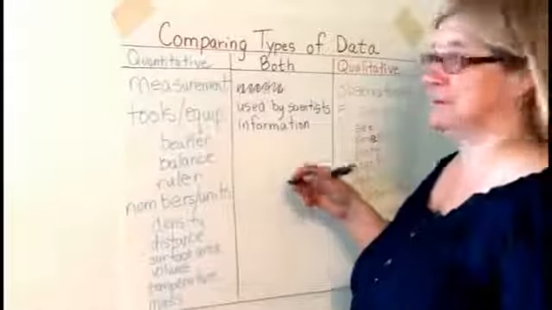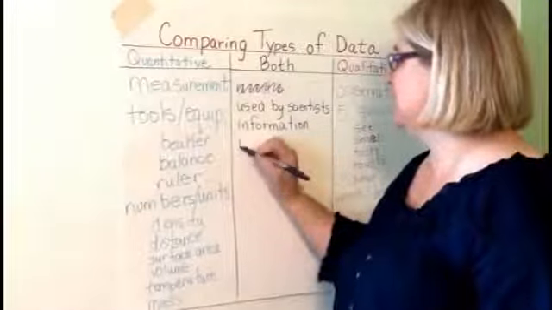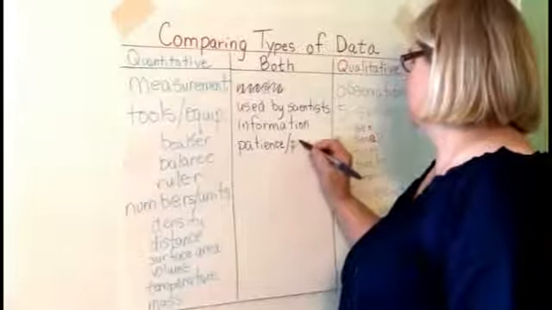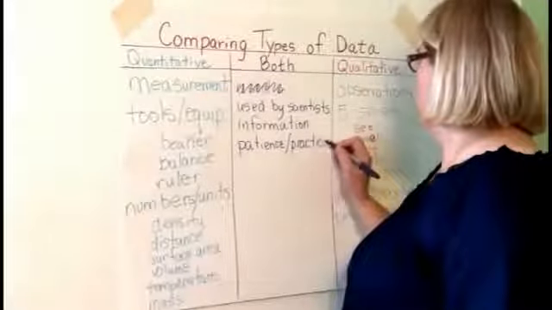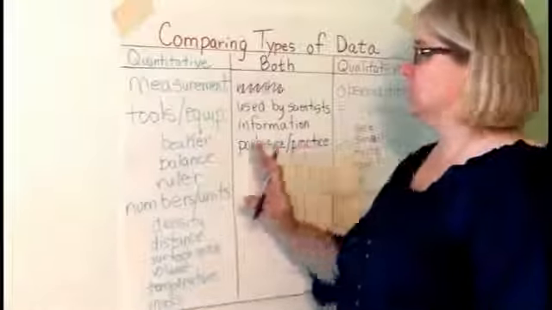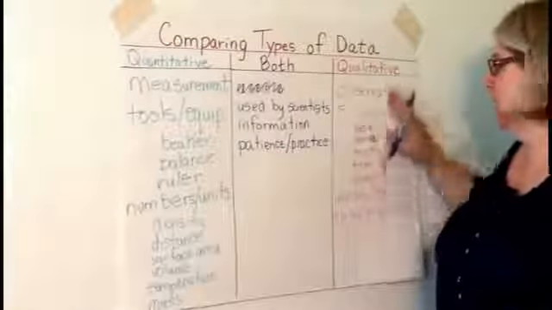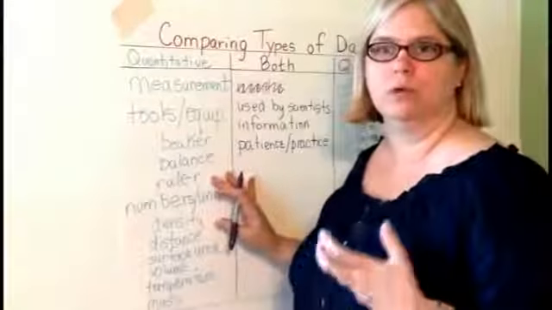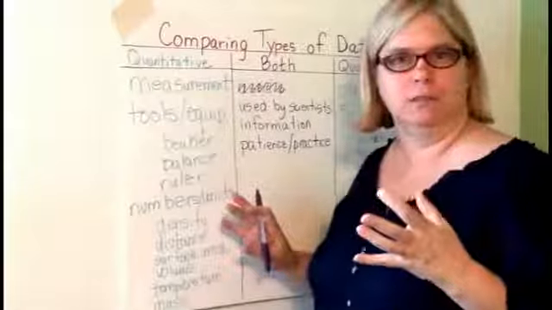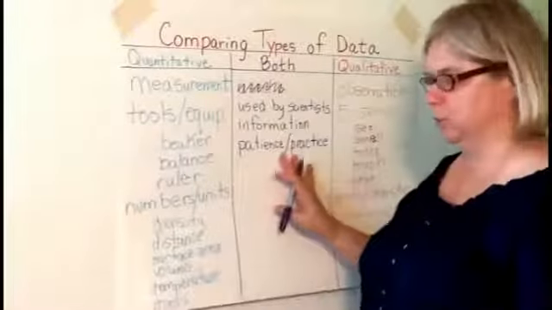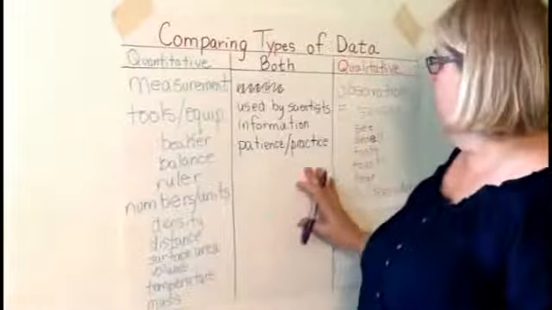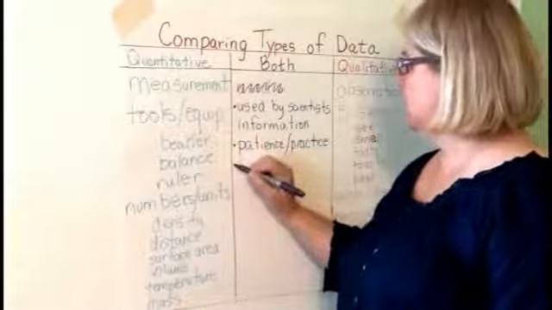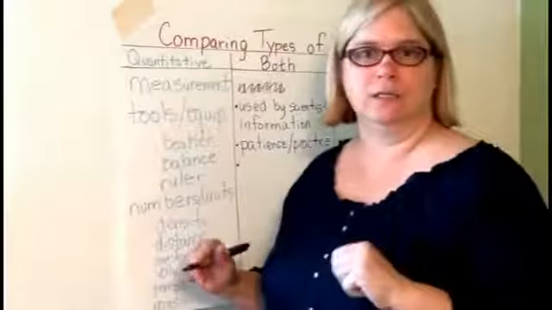My favorite similarity, because it reminds me of this, is that it does require patience and practice. Okay, you get better the more you do it, especially with qualitative data. You learn how to be more descriptive and use more comparisons based on your prior experience the more you do it. So patience and practice. The downfall with taking data is the data itself is only as good as the scientist who collected it.